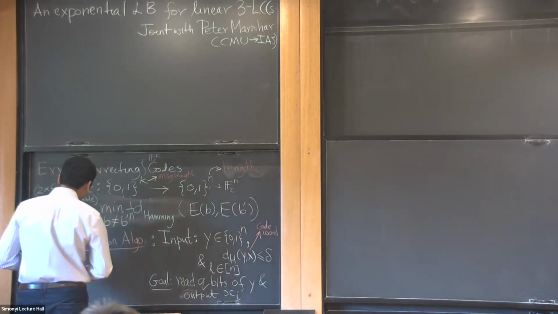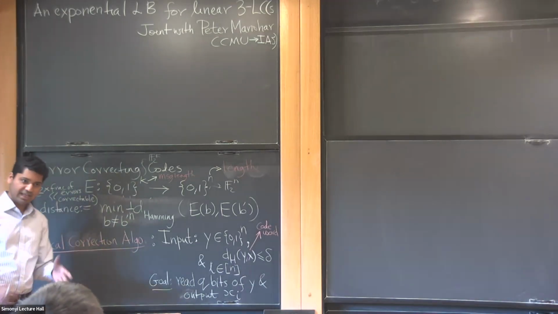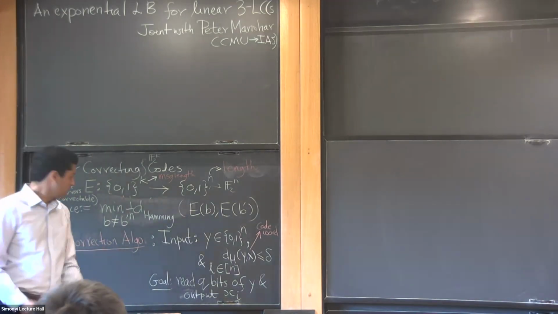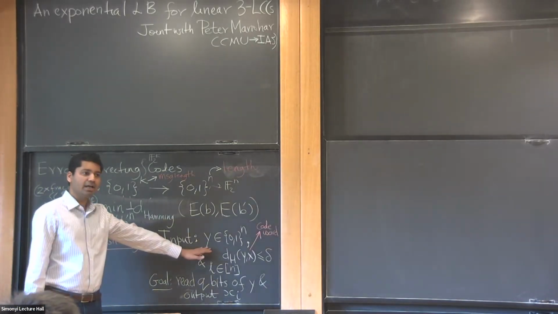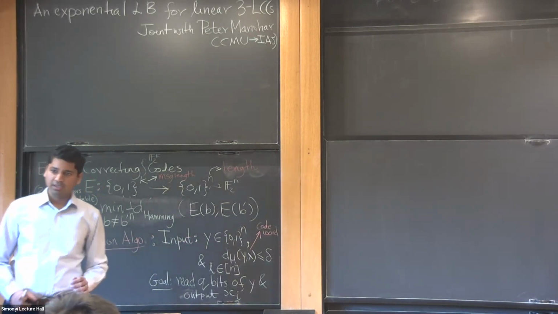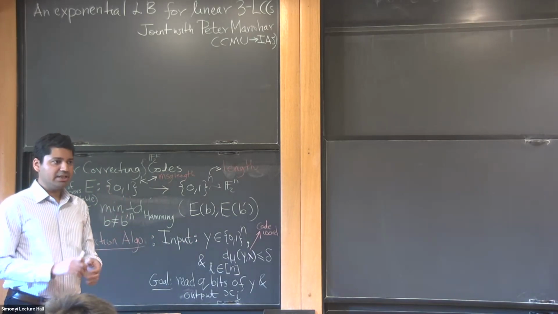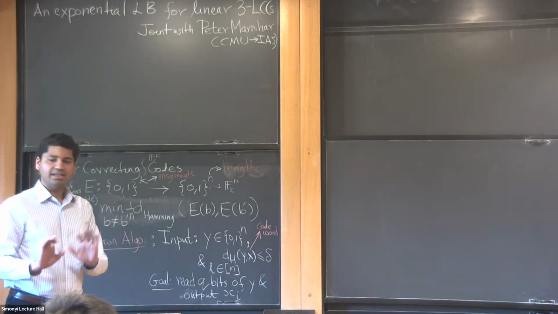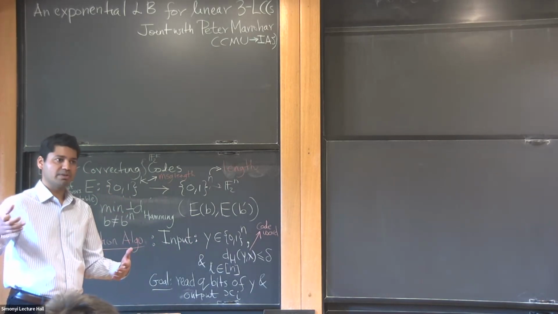So I'm going to look at codes that allow what is called a local correction algorithm, okay? What does that mean? Well, it's an algorithm that takes some input and has some output. The input to a local correction algorithm is a corruption of a code word. A code word is simply every point in the image of the map E. Imagine that I take one such point, X. X, by the way, would always be in the {0,1}^n space, the code word space.